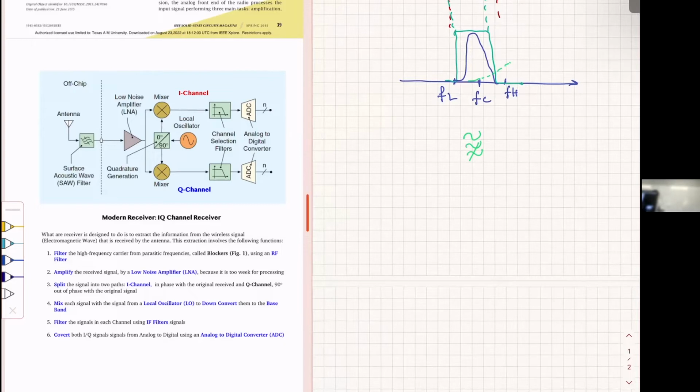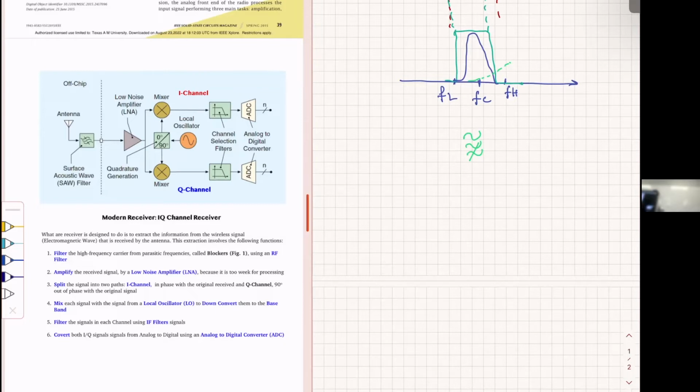So now you got a very low frequency. Low frequency meaning if your carrier is at 10 gigahertz, 10 times 10 to the 9 hertz, then here this one can be 40 megahertz, 40 times 10 to the 6. All right, could be 10 megahertz.